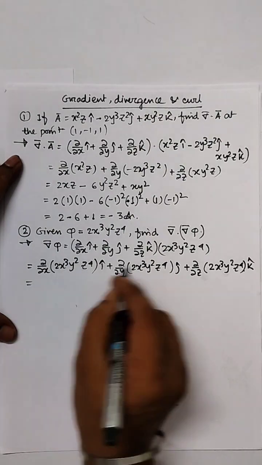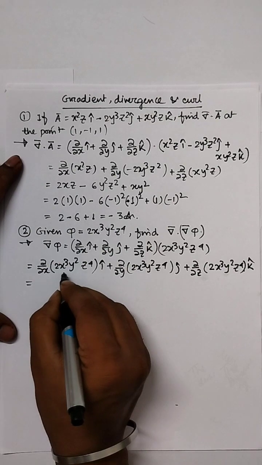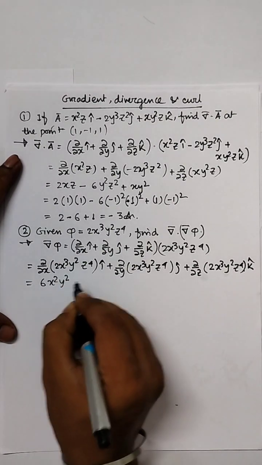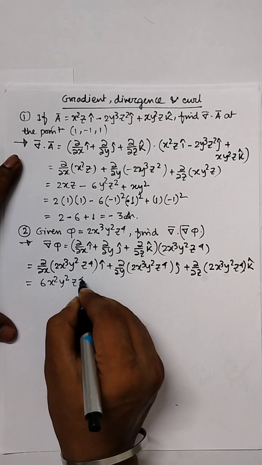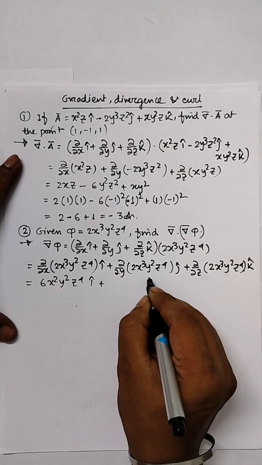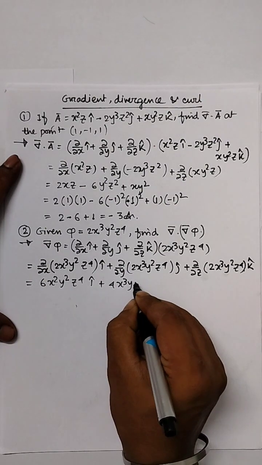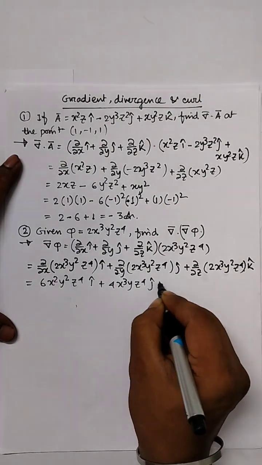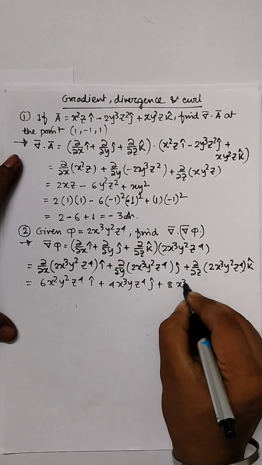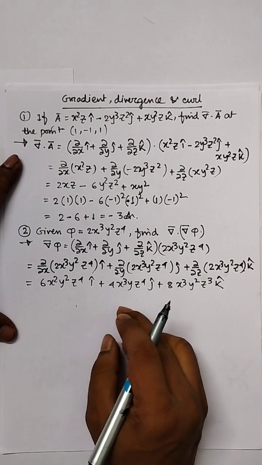Now differentiate each term with respect to x, y and z. With respect to x, that means 6x squared y squared z to the power 4 i. Same with respect to y, so 4x cubed y z to the power 4 j, plus with respect to z, that means 8x cubed y squared z cubed k.